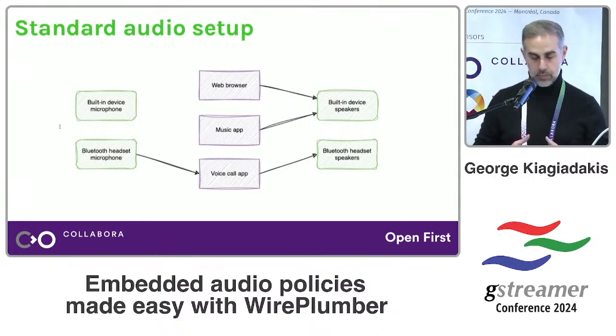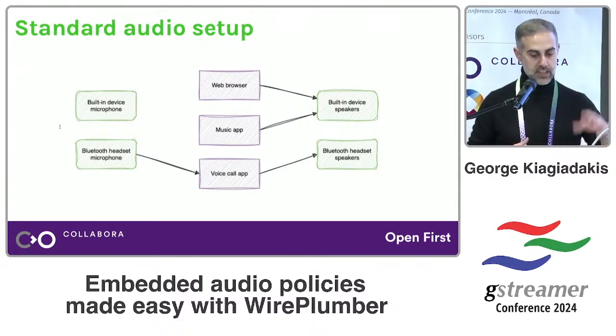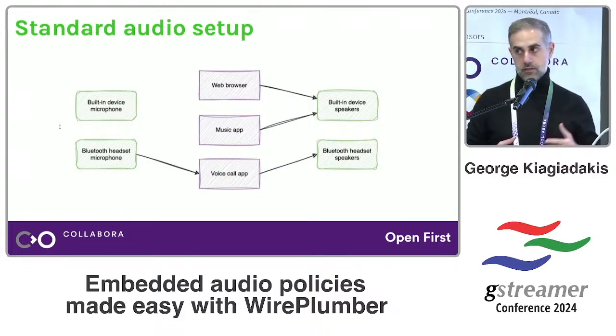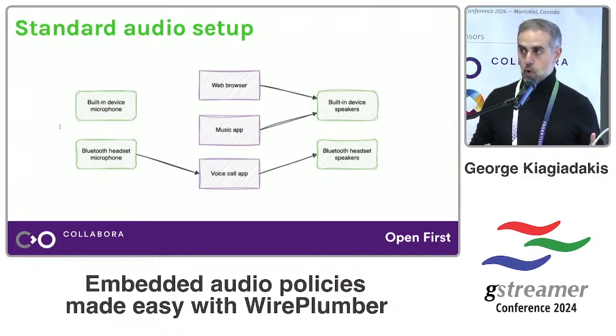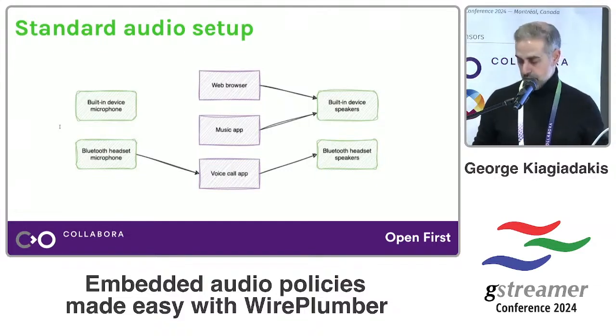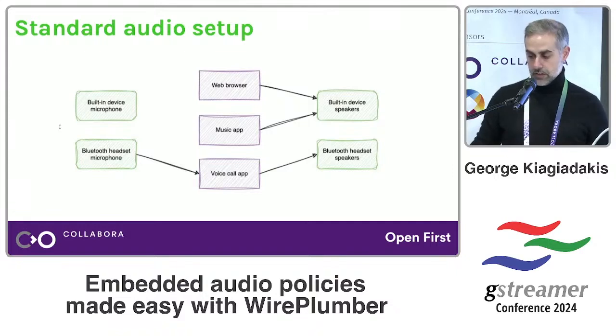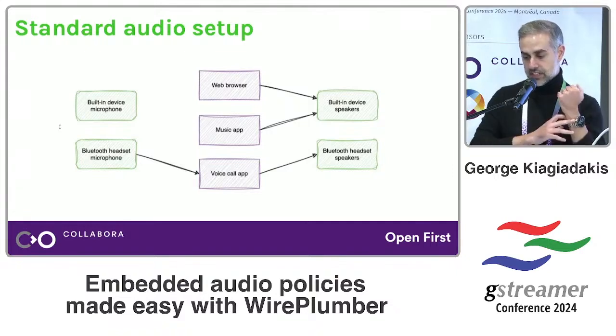So you typically have a user interface where you can select the device you want to use, the speakers you want to use and the microphone you want to use. You can configure it either for the entire system or you can configure it per application, at least on Linux, because other systems like macOS, for example, don't have this option. But on Linux you can select it even per app, but it's usually not used.